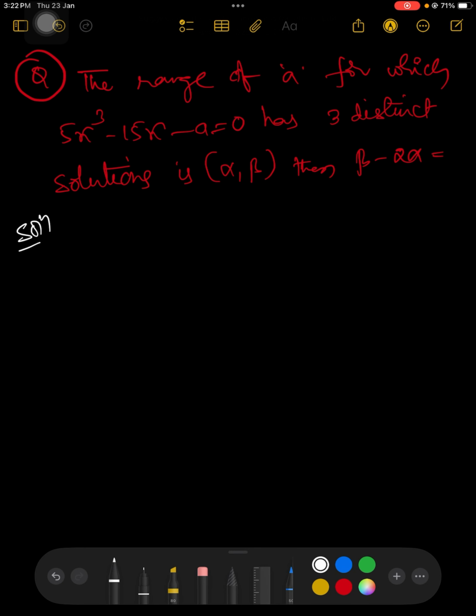The next question: the range of A for which 5x cube minus 15x minus A equal to 0 has 3 distinct solutions is (alpha, beta). Then beta minus 2 alpha is equal to. Now this is a cubic equation having 3 distinct solutions.